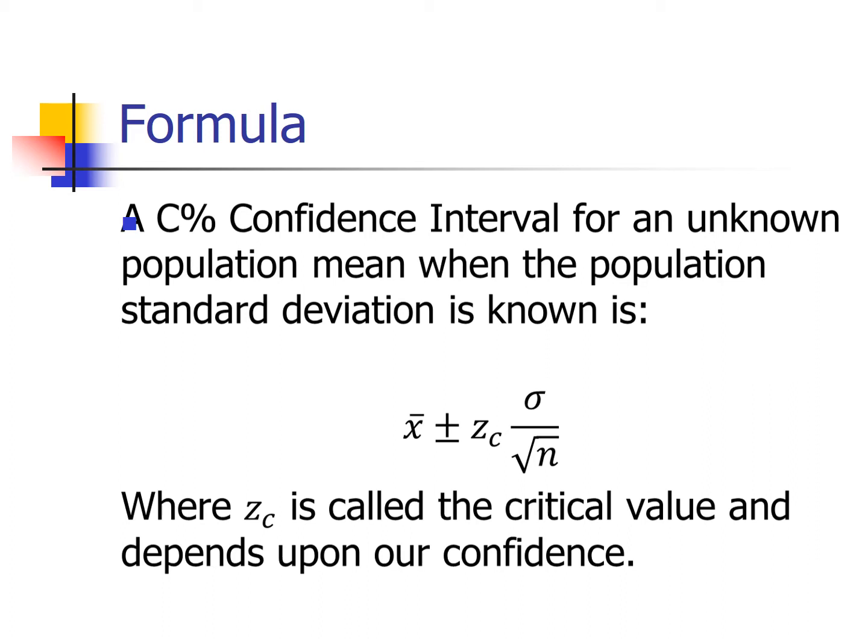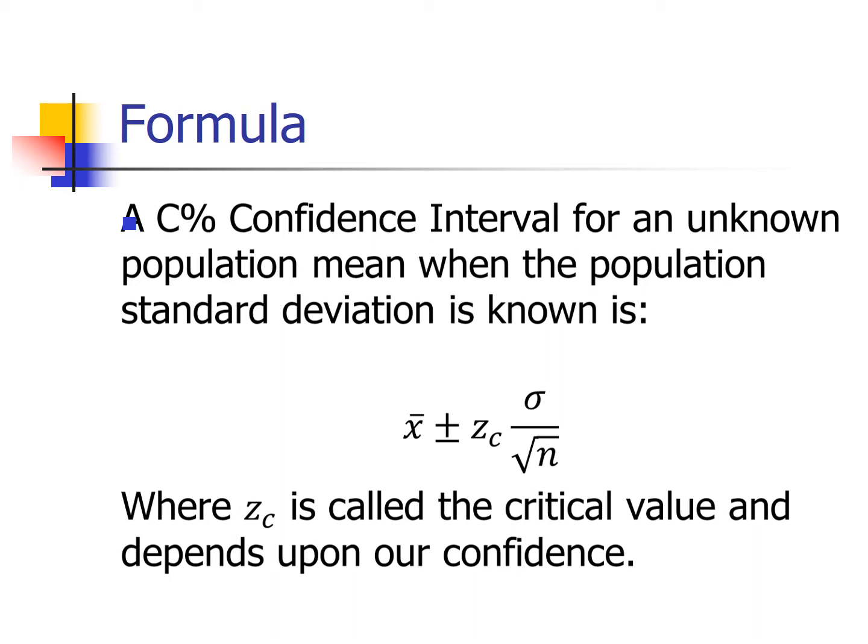Now, a C% confidence interval, for any confidence level C, for some unknown population mean, when we know the population standard deviation, is our best guess, x bar, plus or minus our margin of error. Our margin of error is that z sub c times sigma over the square root of n. That z sub c is a critical value.